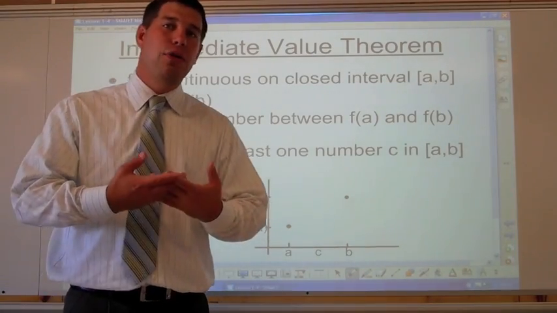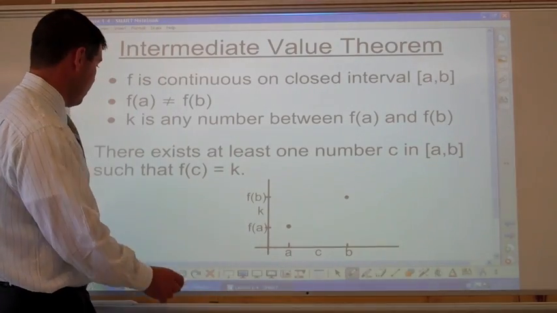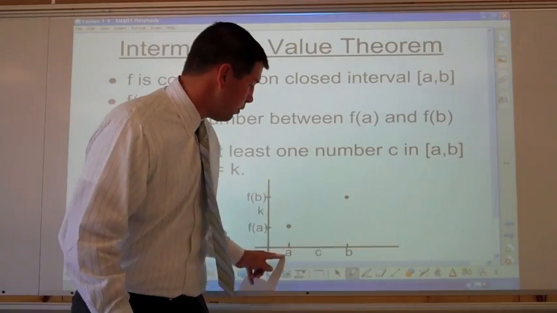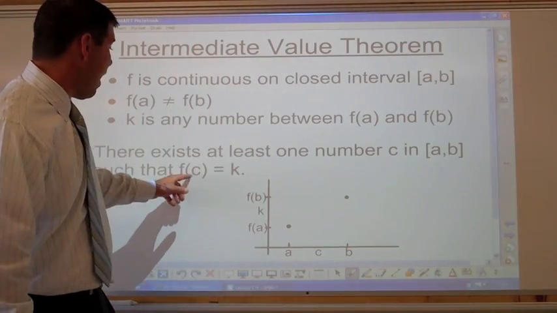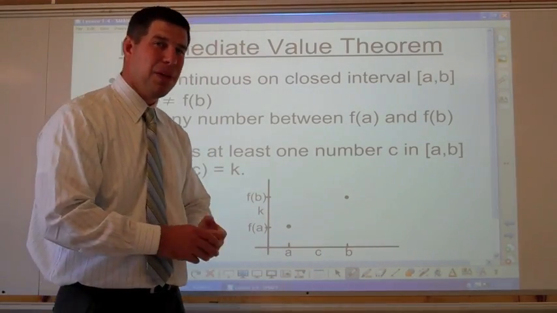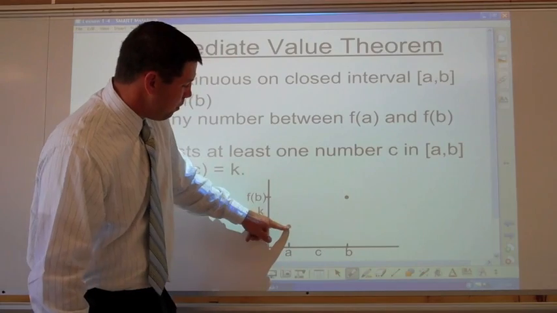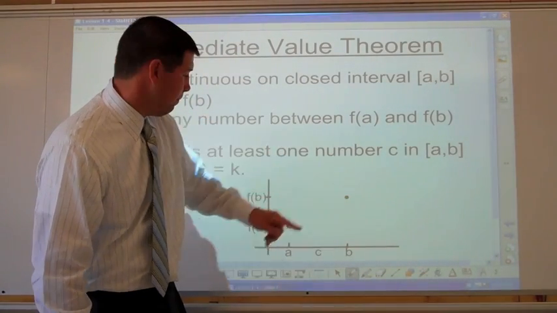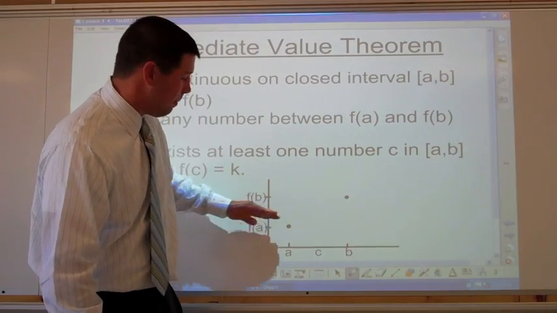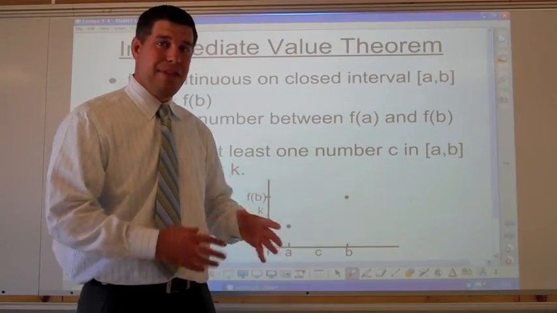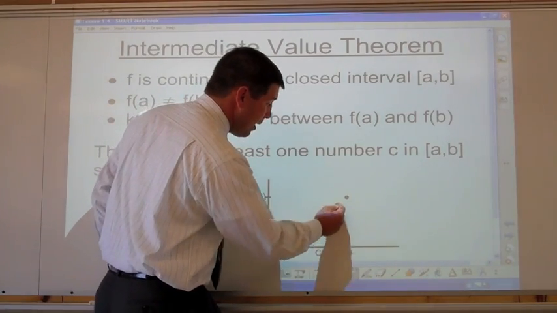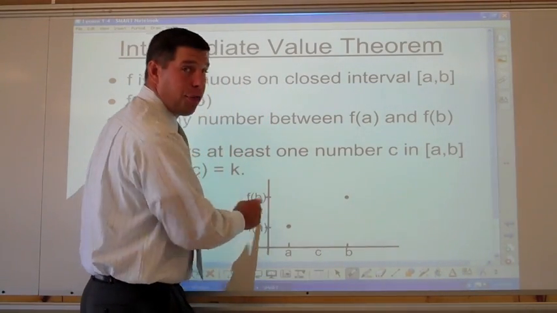The intermediate value theorem says that there exists at least one number c on that interval such that f(c) equals k. What that means is, if you start here and you end up here, and k is some number between these two, if this function is continuous, somewhere along the path getting from here to here, you have to go through k.